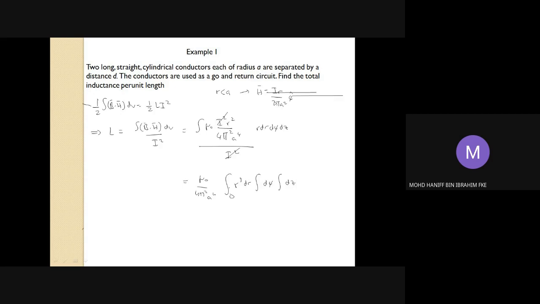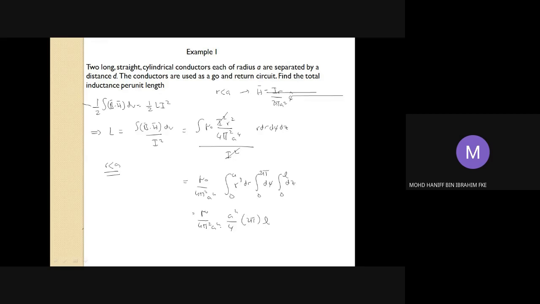R is from 0 to A, because this calculation is for R less than A. Phi is from 0 to 2 pi, whereas z is from 0 to L, the length of the conductors. So we get A to the power of 4 divided by 4, then 2 pi, and then L, the length.